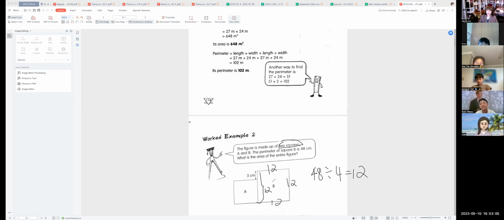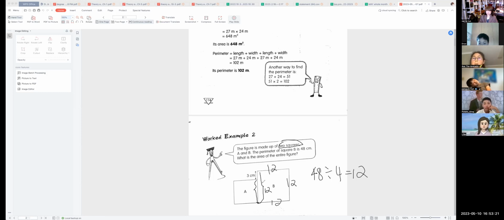Okay, so Enzo, if you see this one is 12 and this measure is 3, could you please tell me what is the measurement of this one? 12 divided by 3?